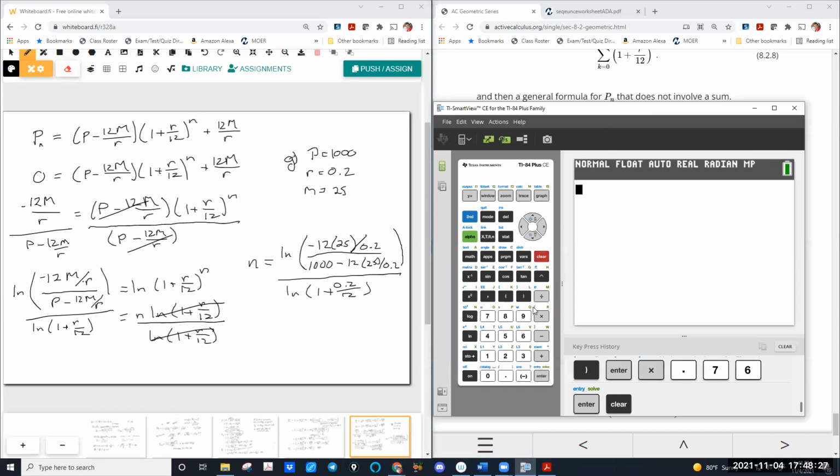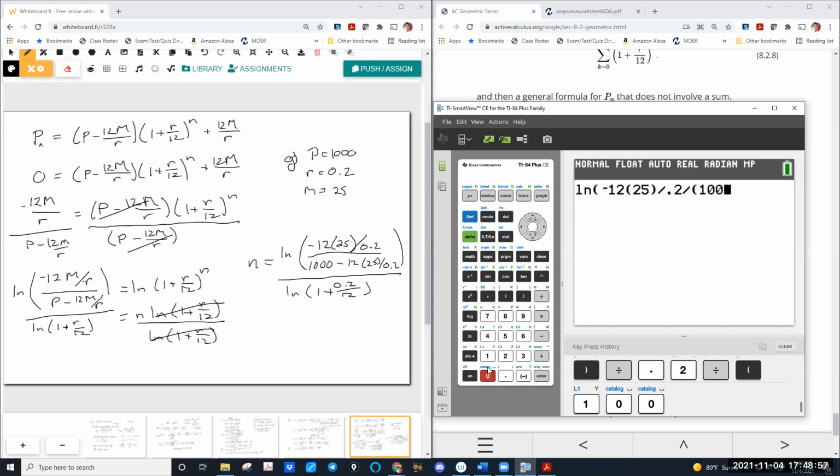Like I said, I think it's best to put these in the calculator all at once. The reason being, it avoids any round off error. It's easier to fix mistakes. 12 times 25 divided by 0.2. There's our numerator divided by our denominator. That does need to go in this denominator here.